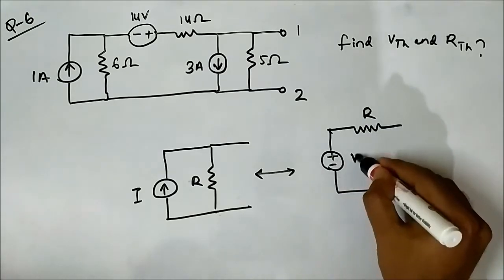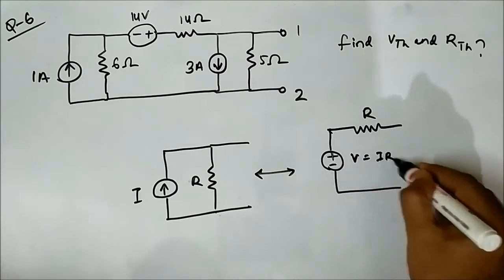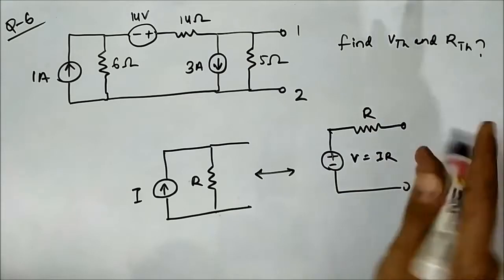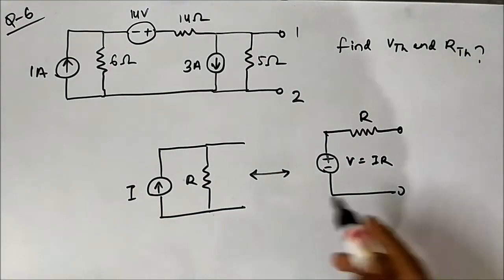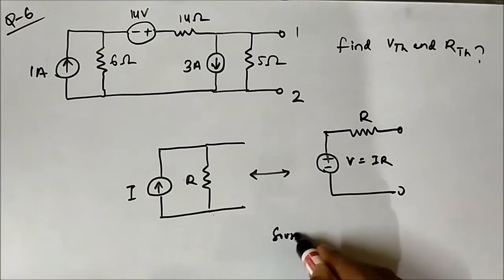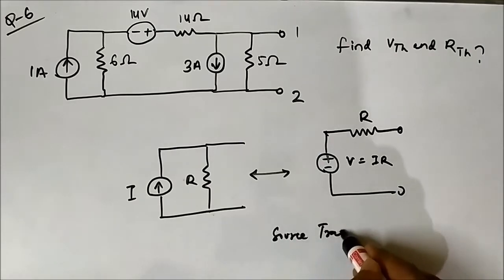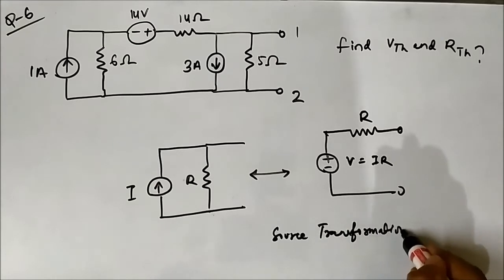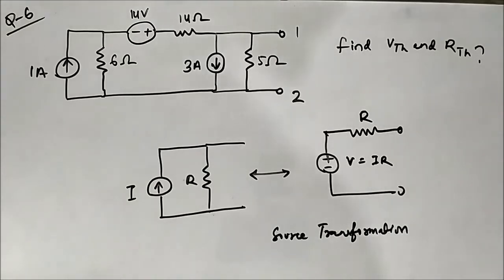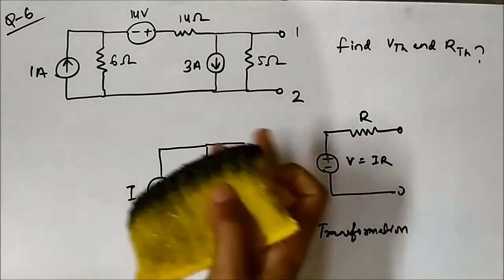Here the voltage is simply IR and they are interchangeable. This circuit can also be converted back into this form. This is source transformation. We have discussed about these things. You can check all these videos in the circuit theory playlist. Okay, so this is source transformation.